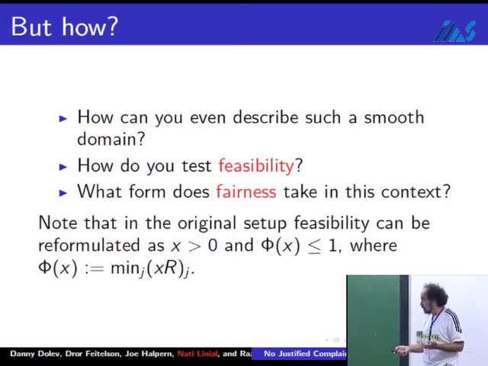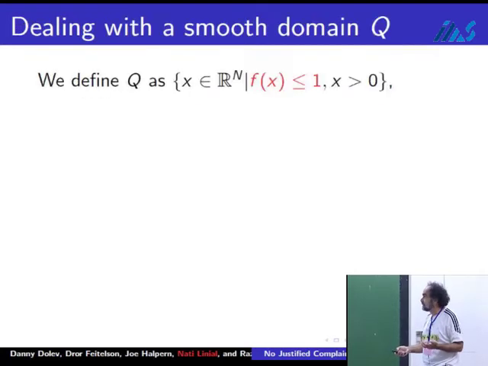So what I want to do is to replace this function phi by another function f and consider a domain Q that's defined like this: X is positive, X is in Rn, and f of x is less than or equal to 1. What about this f?